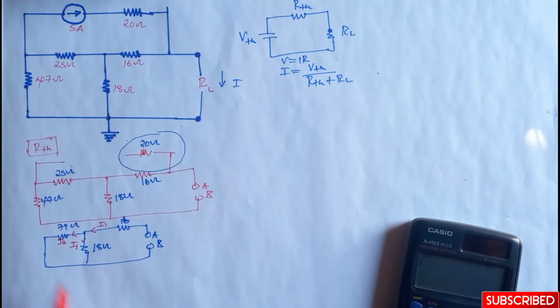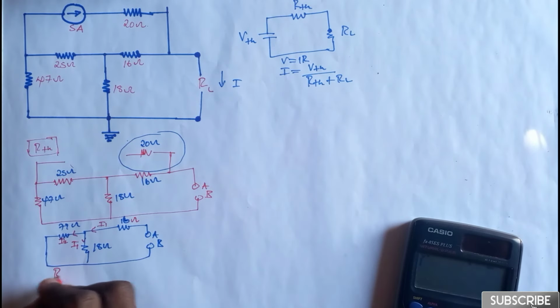If resistors have different currents, they are in parallel. So 72 and 18 are in parallel. But if we add I2 and I1, we get I, so these two resistors are in series with the 16 ohm resistor.